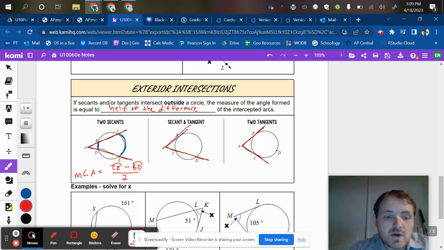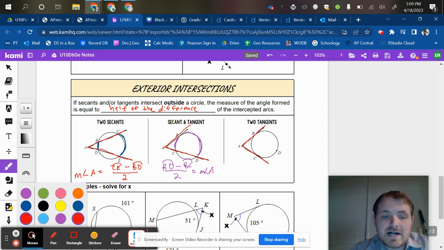And the situation is going to hold true for any type of these external situations. So even though it's a secant and a tangent, I'm still going to do that bigger BD minus BC all over 2. That's equal to the measure of angle A again.